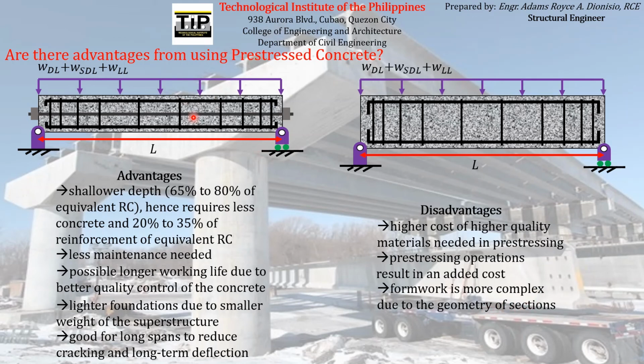It is not usually as simple as a rectangular cross section. It usually has complex types of cross section, which later on you will see, the geometry of the sections of a prestressed concrete.